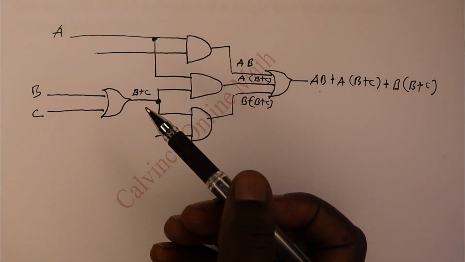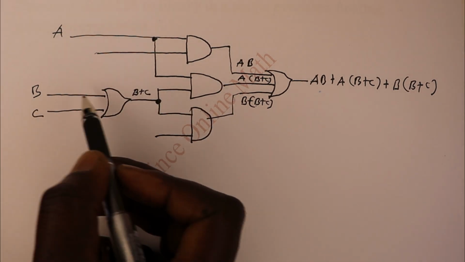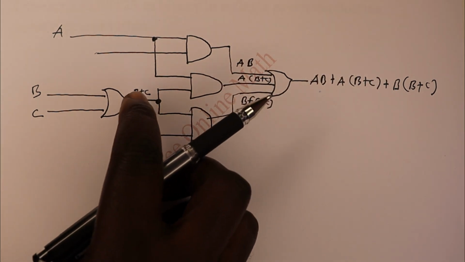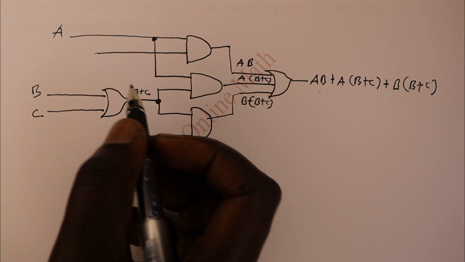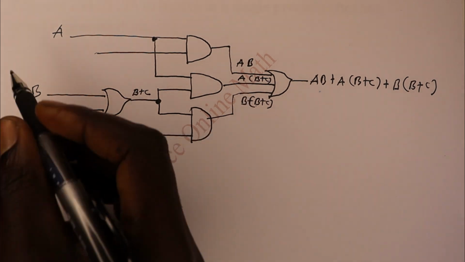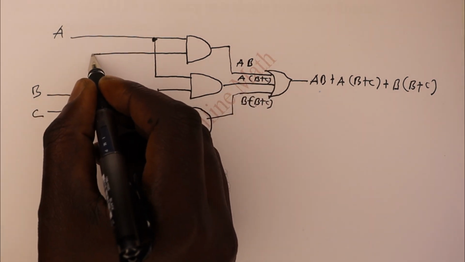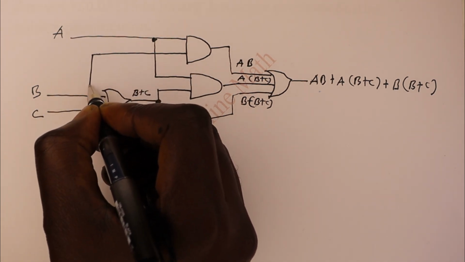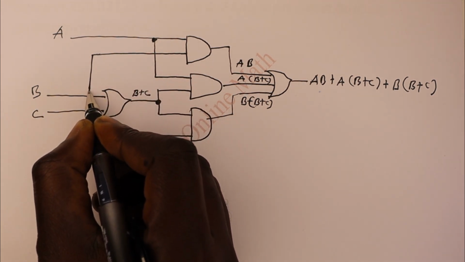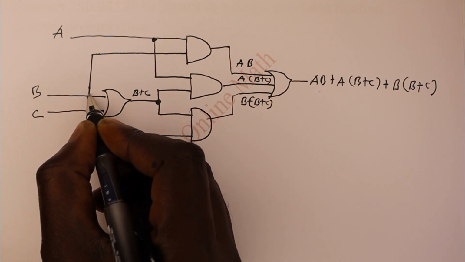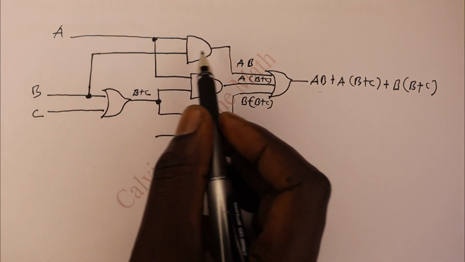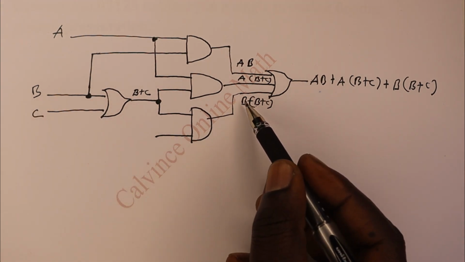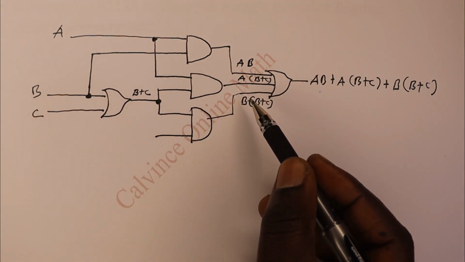So now, this B has been used here. It has also been used here. So we cannot have B and B. So we just show that this B has also been used there. And we use that dot to show that it has been used there and here, the same B. But also look at this, there's a B, so it has also been used here.